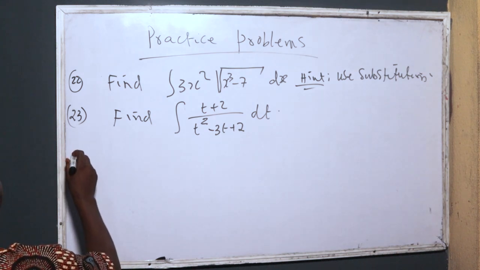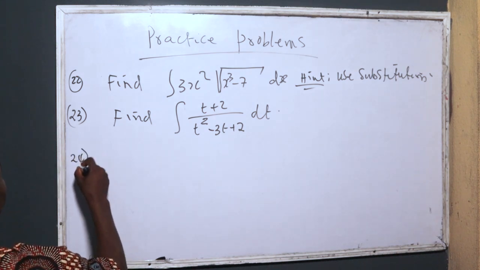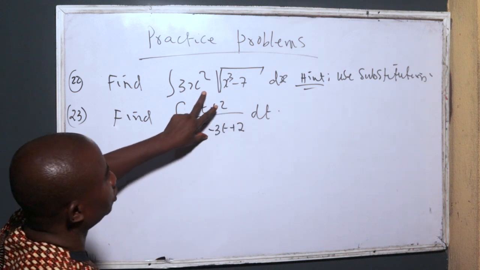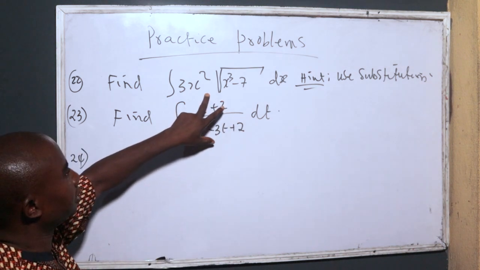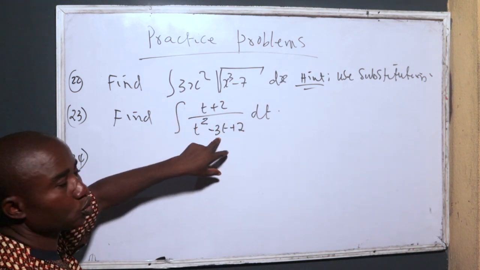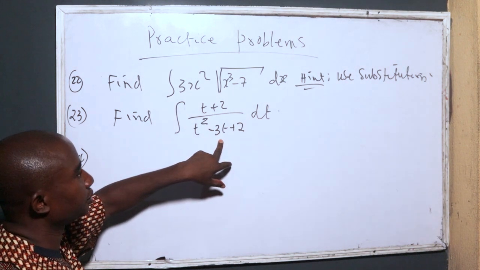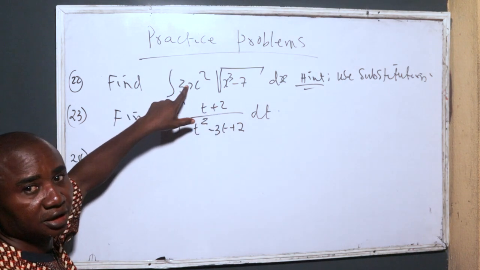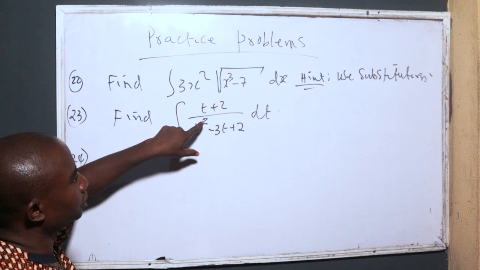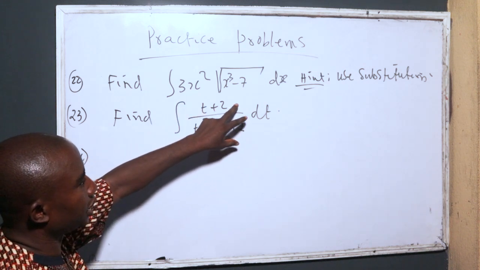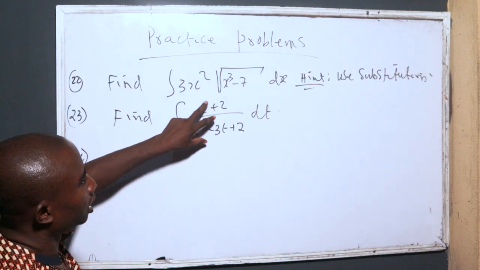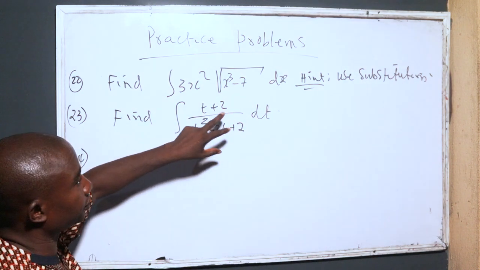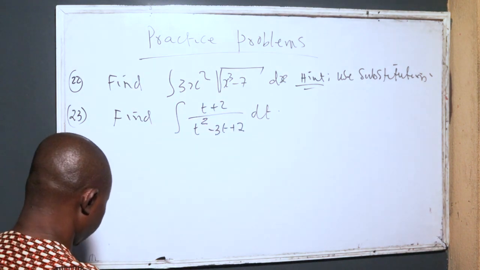Two concepts are being tested: the ability to resolve this quotient into partial fractions, and then how to integrate a function that has something to do with partial fractions. So try to use that idea.